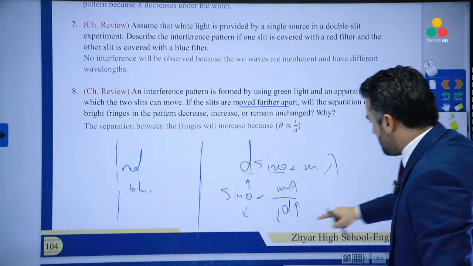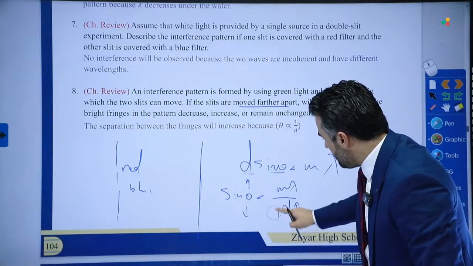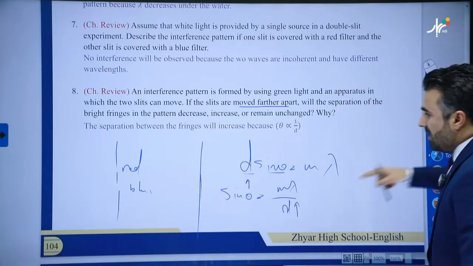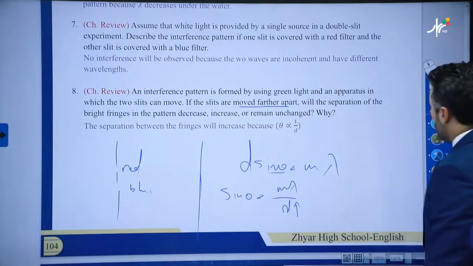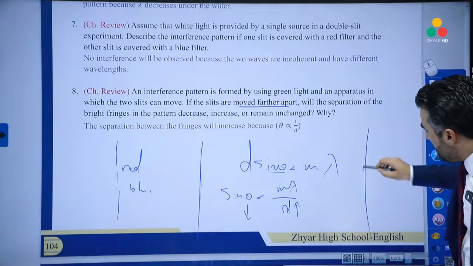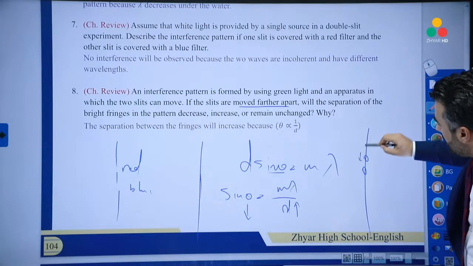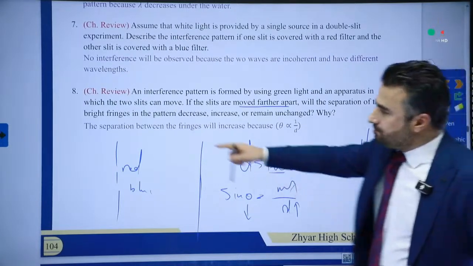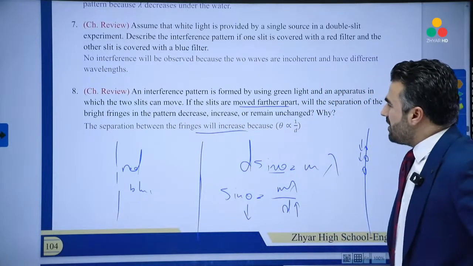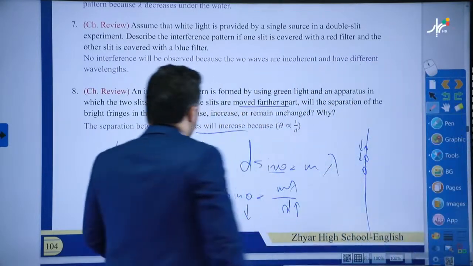If you increase the distance, what do you think will happen to the fringe separation here? No, I should have erased the other arrow here. By increasing this, the fringes will get closer to one another. So the separation of the fringes will increase because theta is directly.